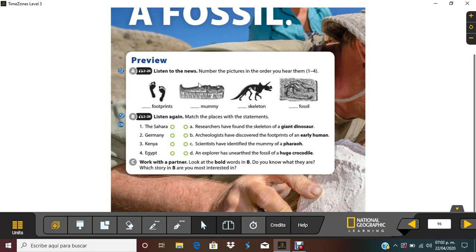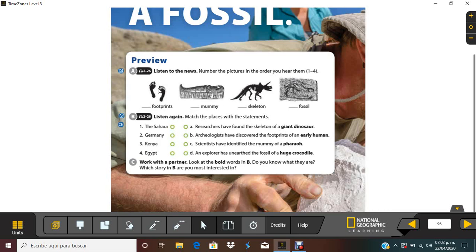Let's see. It says number the pictures in the order you hear them. I'm not going to put the audio, I'm going to put the script. So you are going to have to read. But first, let's look at the pictures. And let's practice the pronunciation because remember, pronunciation is very important.